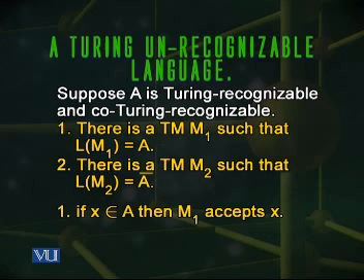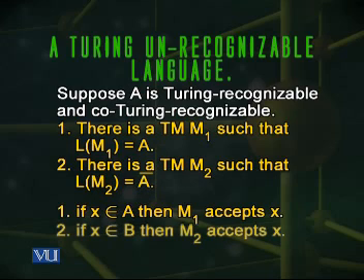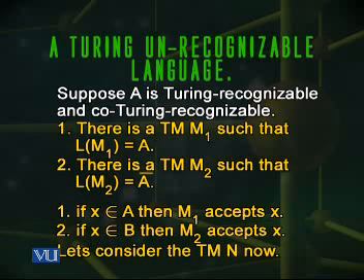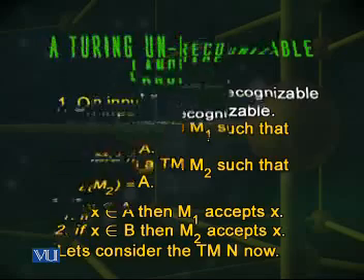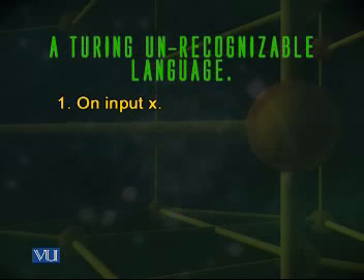Well, this means that if X is in A, then M1 accepts X. If X is in A complement, then M2 accepts X. Now let's construct a new Turing machine. This new Turing machine is going to be made out of M1 and M2. The description of this Turing machine is as follows.